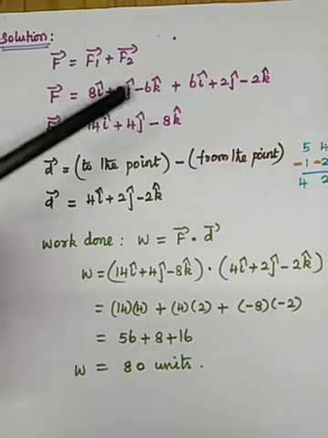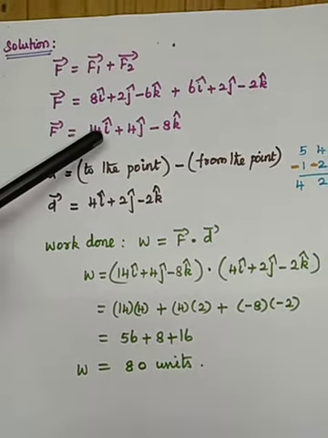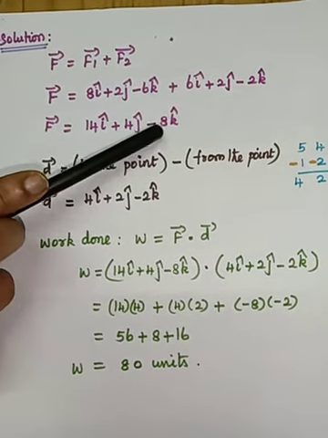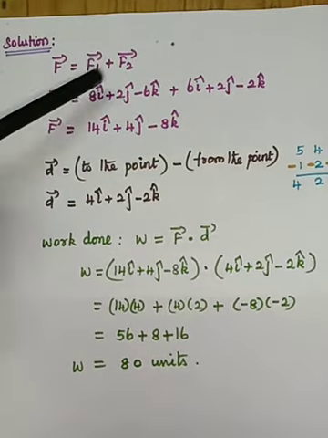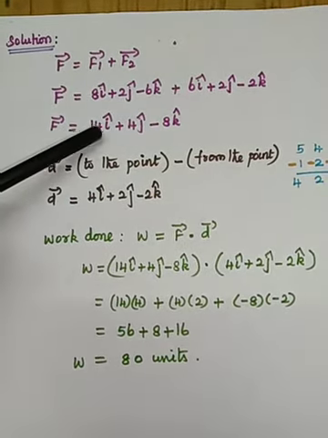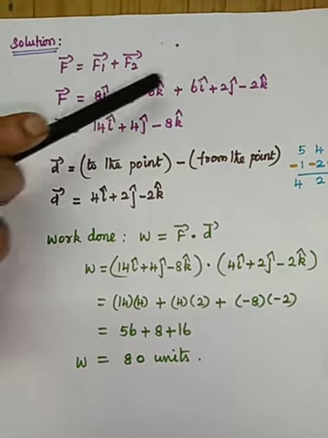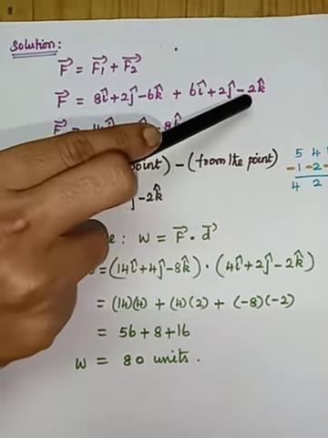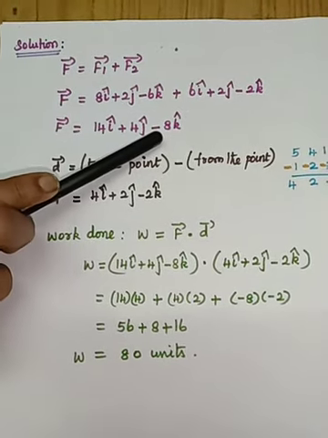While adding, the total force is 14i cap plus 4j cap minus 8k cap. How to add? The same components have to be added. 8 plus 6 is 14, so 14i vector. 2j vector plus 2j vector is 4j vector. Minus 6k vector minus 2k vector is minus 8k vector.